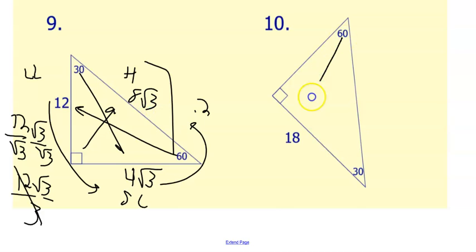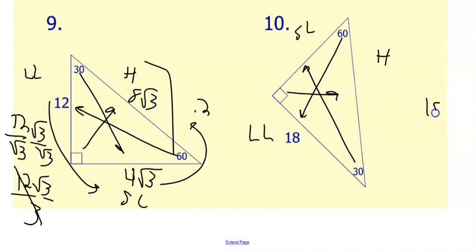Okay, again. Long leg, short leg, where we're going first, hypotenuse. So, wherever you want to do it, 18 divided by radical 3, because we're going to the shorter leg. So we divide. We must rationalize.